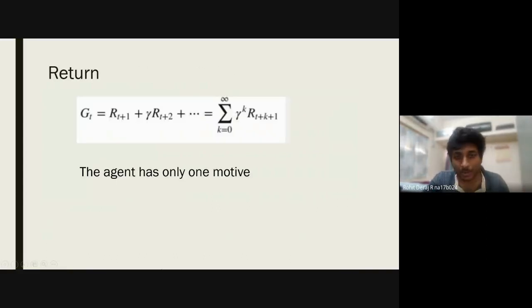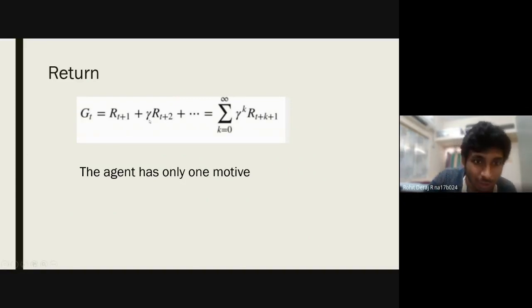What is the aim of the agent? There is only one aim, irrespective of whichever RL algorithm you look at: to maximize the return it gets in the episode. Return is a discounted sum of rewards throughout the episode. In the first time step it gets a reward R1, in the second R2, in the third R3. So the return is R1 plus gamma R2 plus gamma square R3.